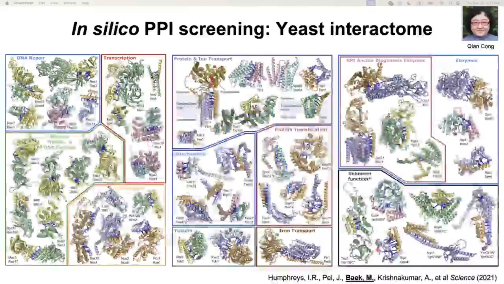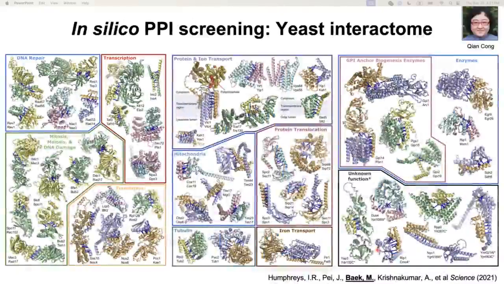To explore the potential of protein structure prediction AI for PPI prediction, we developed a pipeline to predict protein-protein interactions across entire proteomes. We tested our ideas on the yeast interactome. Basically, we screened tens of thousands of protein pairs to detect reasonable protein-protein interactions.